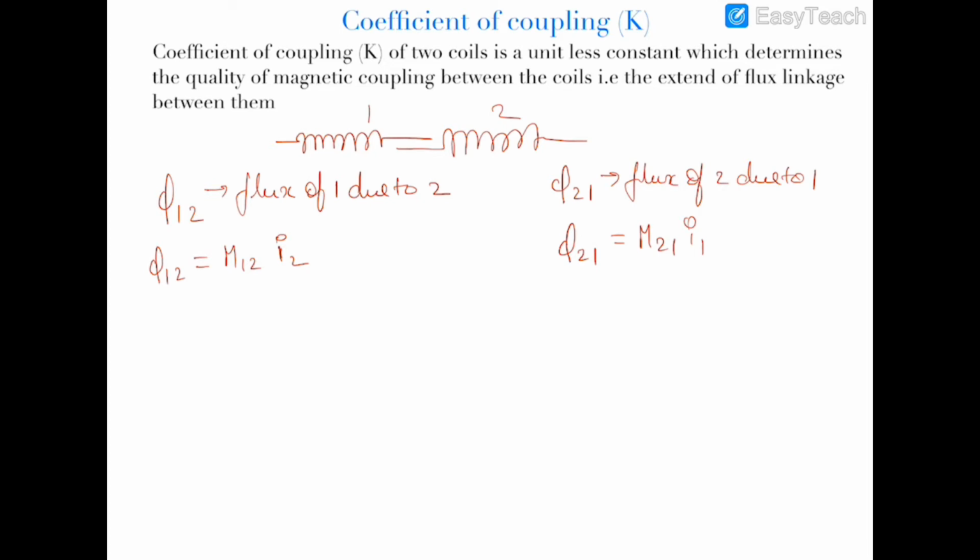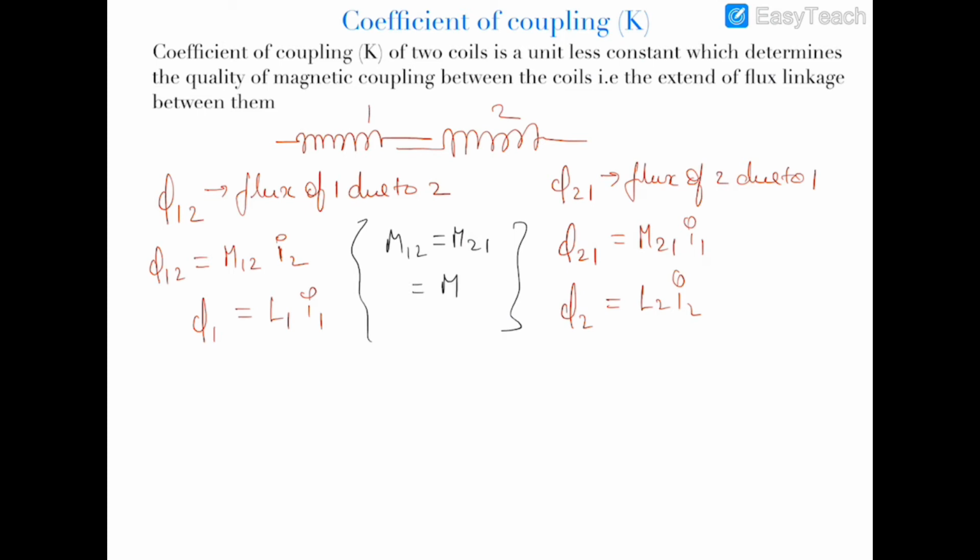Now the total flux of coil 1 will be equal to L1 into I1, and the total flux in coil 2 will be equal to L2 into I2. We already know that M12 is equal to M21, and let's suppose it is equal to M.